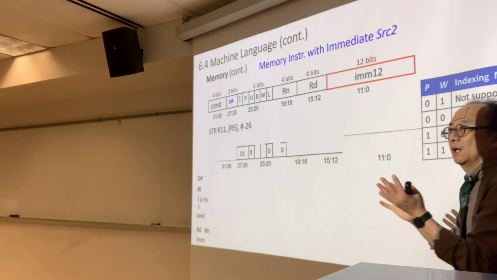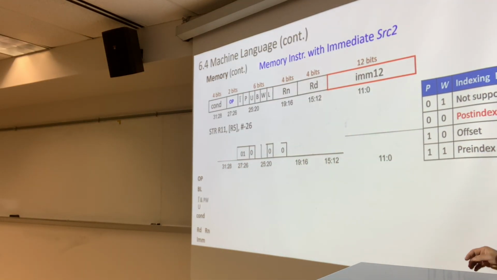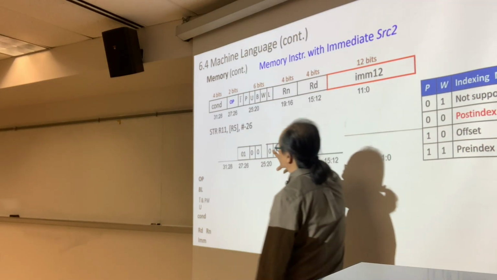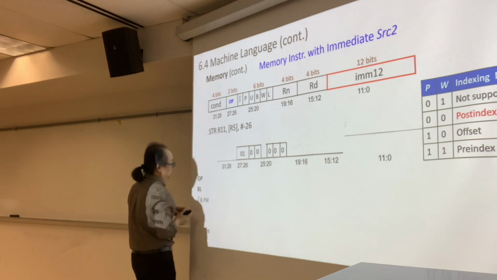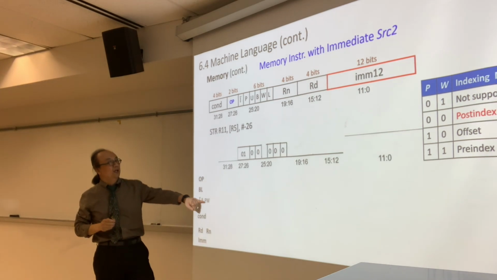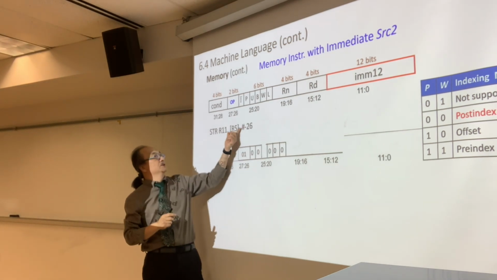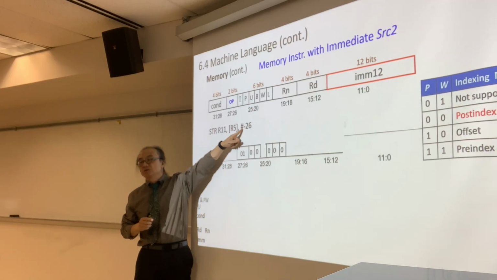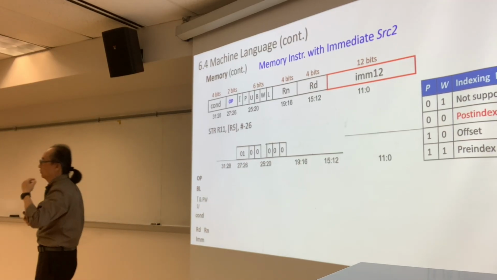Since we have a bracket with only the register, that is the post index, so the P value and W value should be 0 and 0. Up to this point, you just need to follow these: B, L, I bar, P and W by looking at these brackets. And then because of this I, we know we have to use immediate.